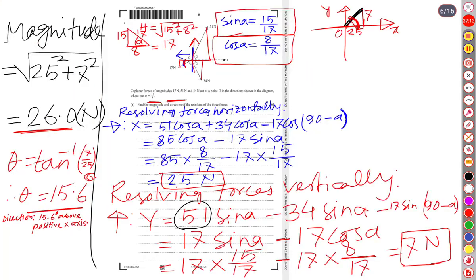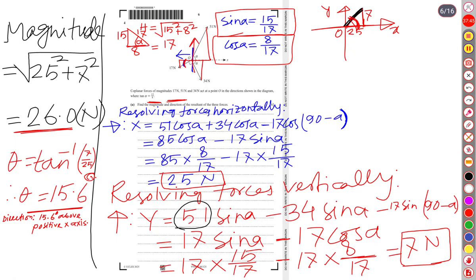Let us see the first part of this question. In the first part, we found the resultant force, which was 26 Newton. In one sentence: first we found the resultant force in the x direction, then in the y direction. After that, we found the magnitude, which is the square root of the sum of the squares of both forces.